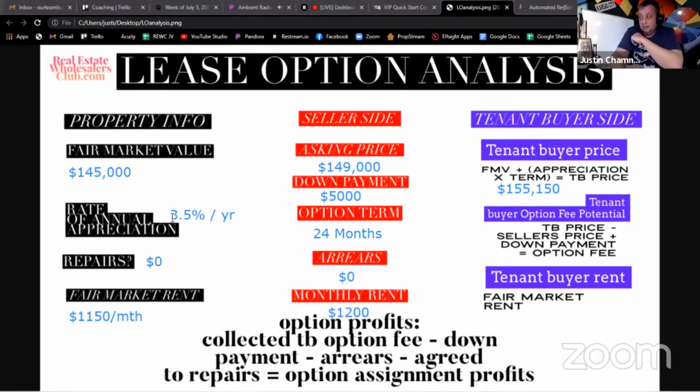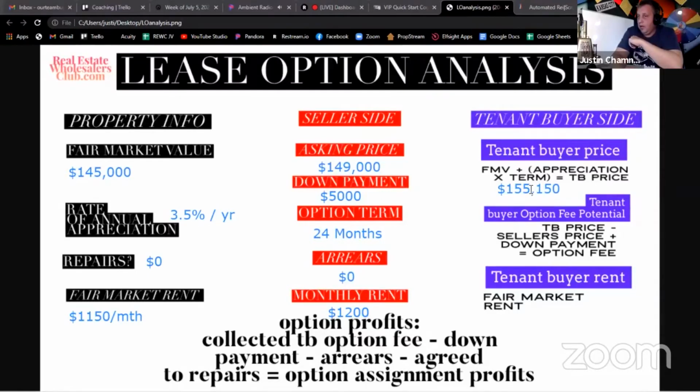And it's all calculated using this rate of appreciation in the term. So this is how I know what that house is going to be worth in 24 months. In 24 months, at this rate of appreciation, 3.5%, this house will be worth 155.